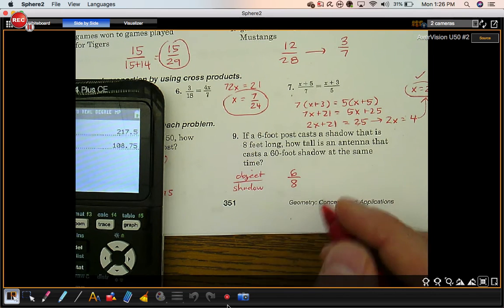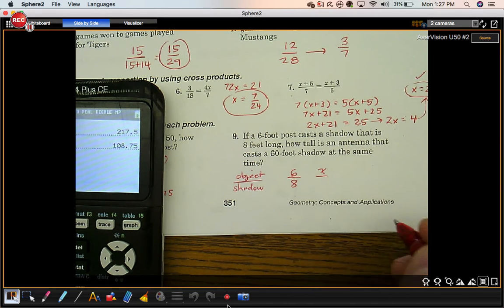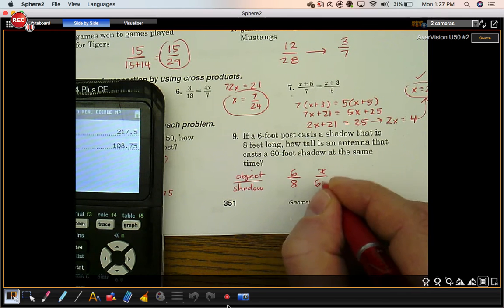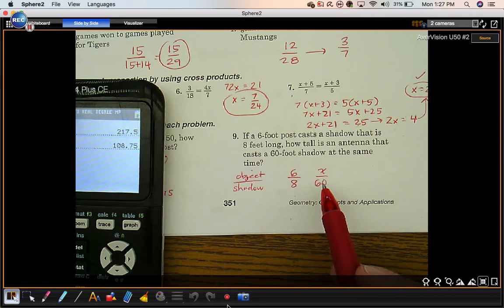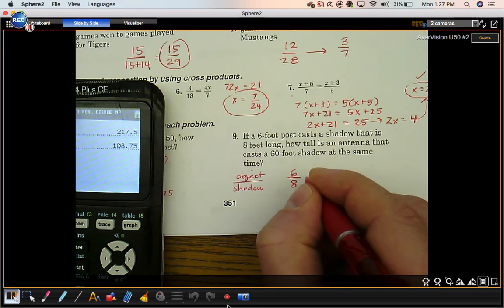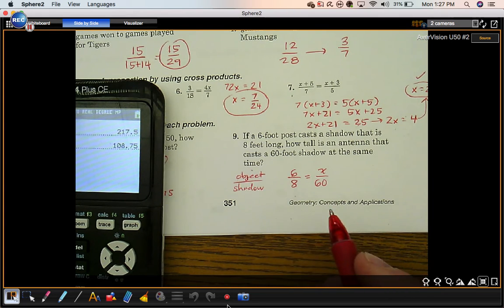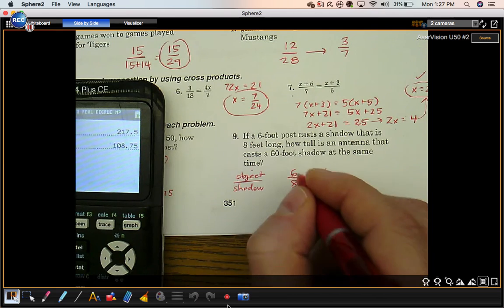How tall is the antenna? That's how tall the object is. If the shadow is 60 feet. You can definitely measure the length of something's shadow. It's on the ground. How tall is the antenna? That's a little bit tougher to measure. But if you measure something nearby and obtain this data, you can do a proportion like this on your own.